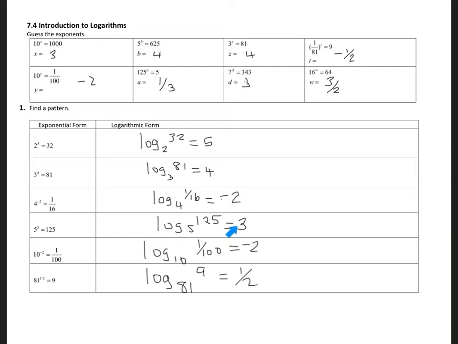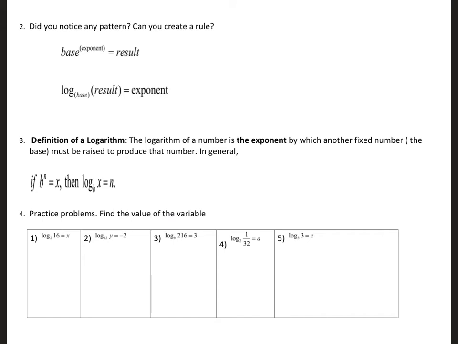So that number I'm getting is the logarithm value. So the logarithm value gives me the exponent to which a base must be raised to give a certain number. So if I have a base raised to an exponent, I get a result. And if I have log base, the result then gives me an exponent. So the logarithm to base of a result gives me the exponent I'm looking for.